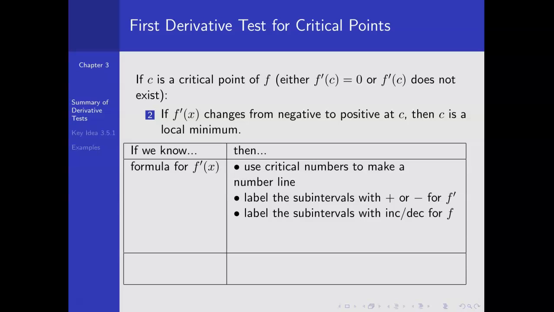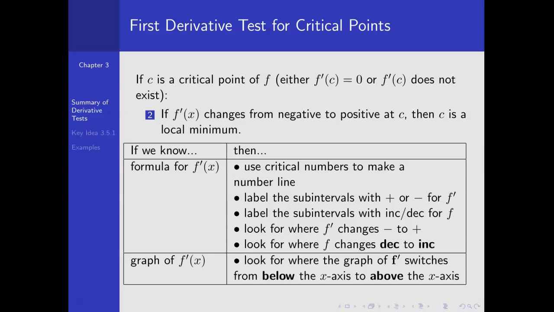We label the subintervals with positive or negative for f prime, and then increasing or decreasing for f. And then for a local min, we're looking for where f prime changes from negative to positive, or where f changes from decreasing to increasing. And if we have the graph of f prime, we're looking for where f prime switches from negative to positive, so that's from below the x-axis to above the x-axis.